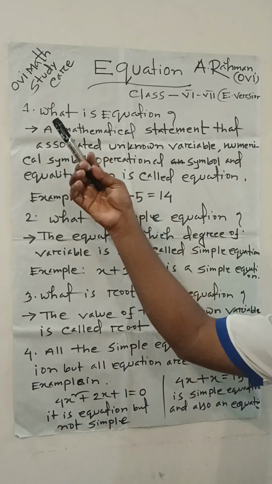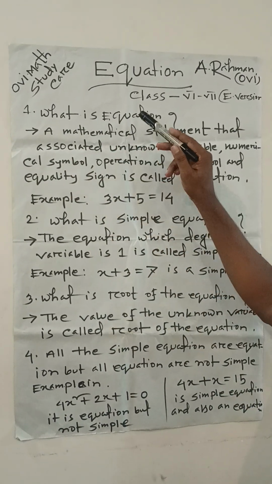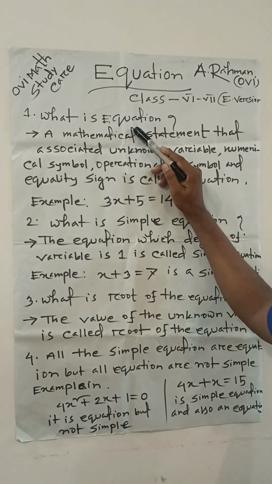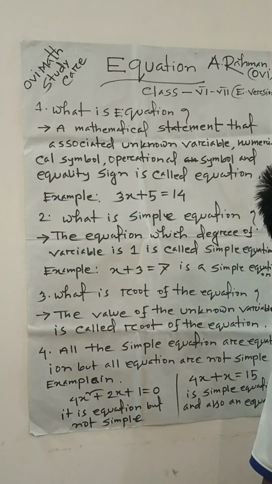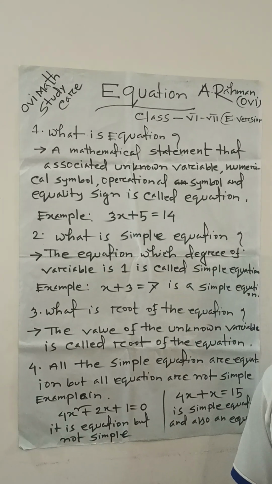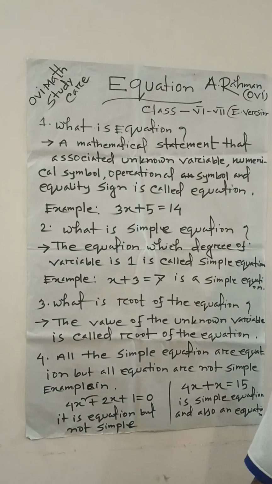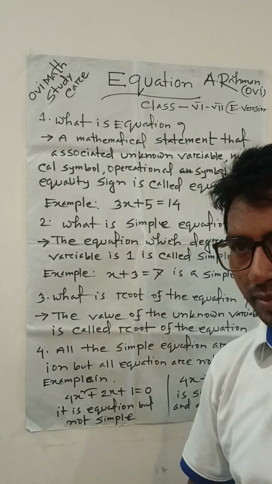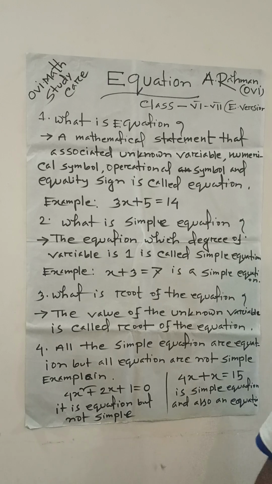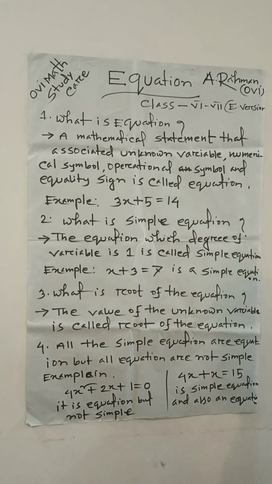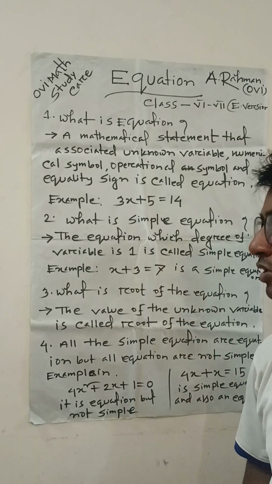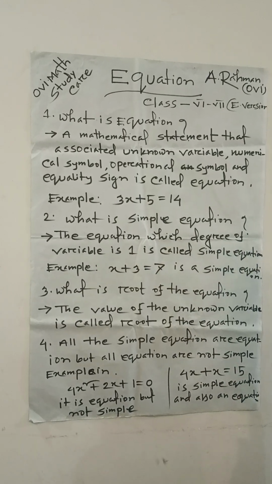Our first question: what is equation? Equation ta ki? At first, we have to understand about what is equation. Most of the students of 6 and 7 level have no clear idea about equation. Now we explain about equation.